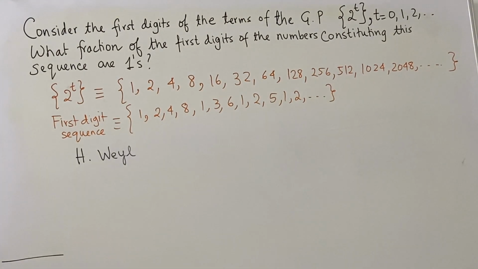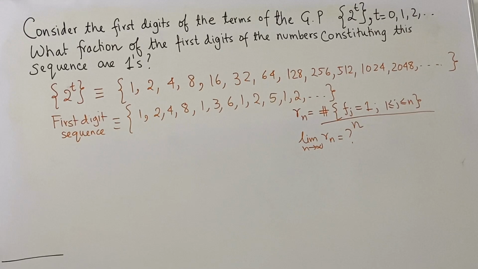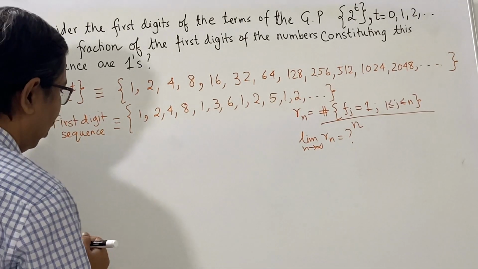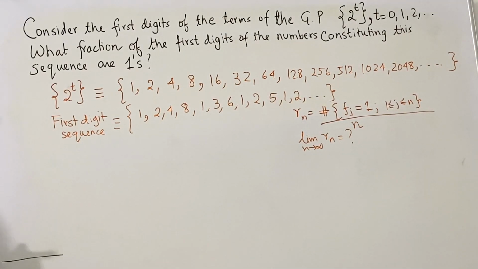To prove this result, we will take recourse to a consequence of a very famous theorem of H. Weyl. Let us look at another question which is related to this. We will see how later on, and see what result we get in that context.